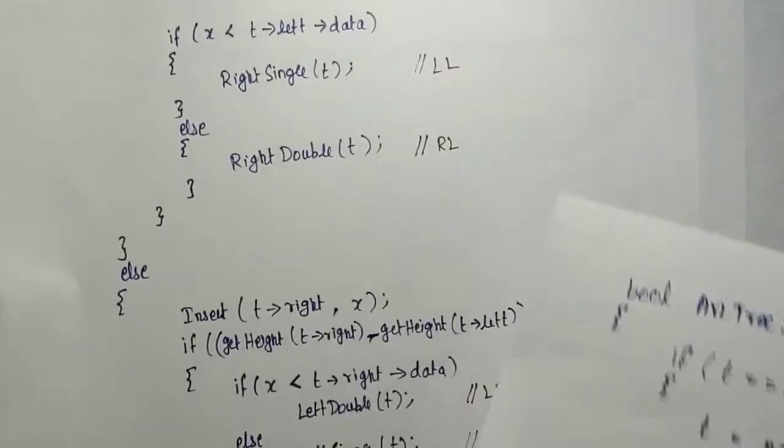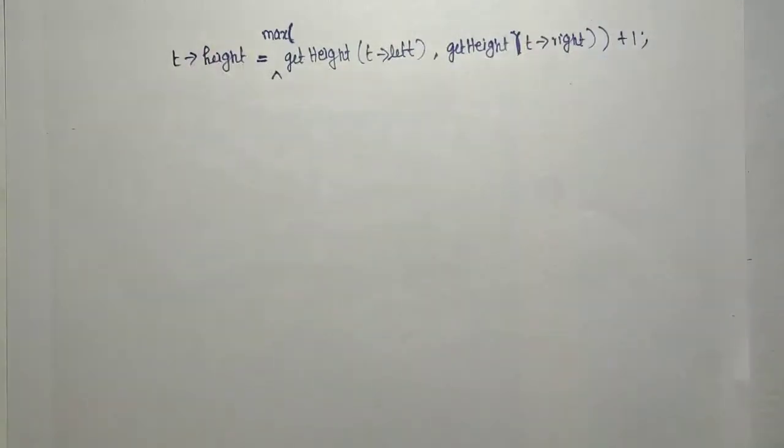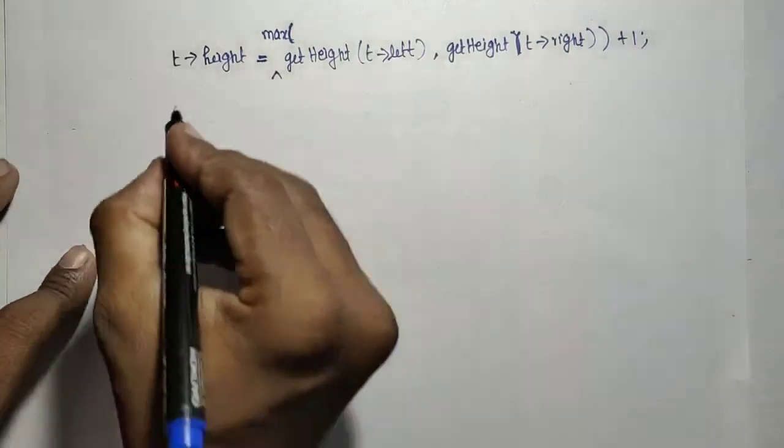Whatever the four cases, T height will get increased. So we need to identify whether left height or right height is the maximum, plus 1, like that, and then return true.